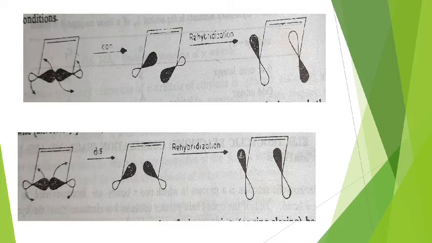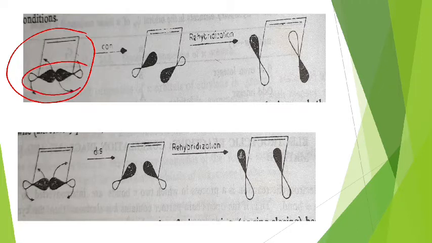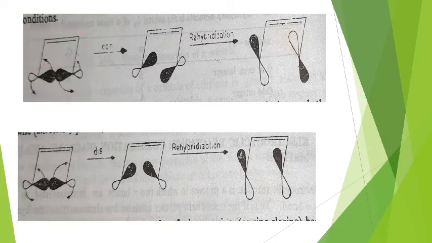If we neglect the dimethyl groups present on the cyclobutene, this is the structure of cyclobutene, and these two are the sigma orbitals involved in the sigma bond. To break the sigma bond, these two orbitals must be rotated.